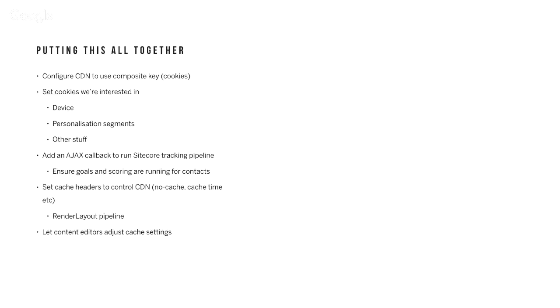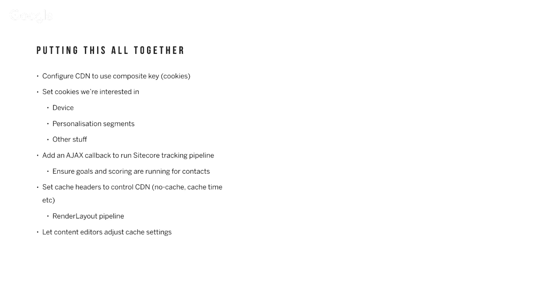Put all that together, we need to be able to get our CDN to use some composite keys. To drive this, we need to be able to set some cookies on the server that we're interested in. And things that we've done have been to set cookies looking at the active device, personalization segments the user belongs to, other stuff, so regions, for pricing regions or any other information you care about.